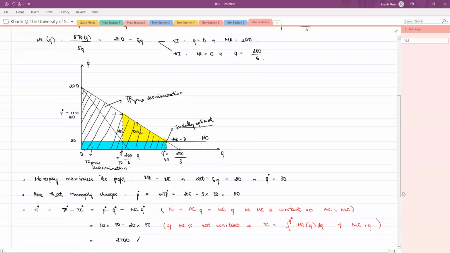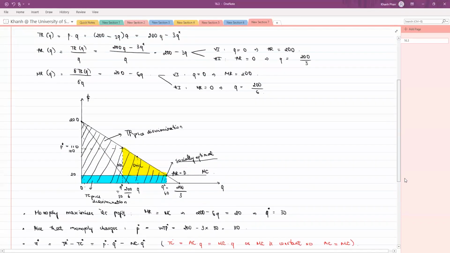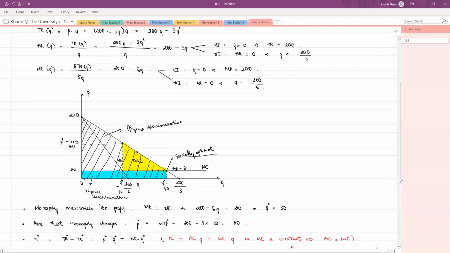All right, and sorry, it's asking you to find the consumer surplus as well, before the price discrimination and afterwards. Before the price discrimination, consumer surplus is the area below the demand curve, above the price, up until the quantity bought by the consumer.